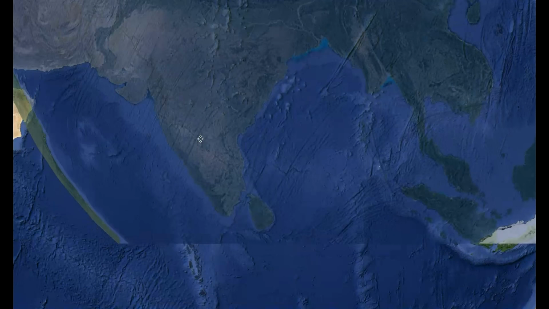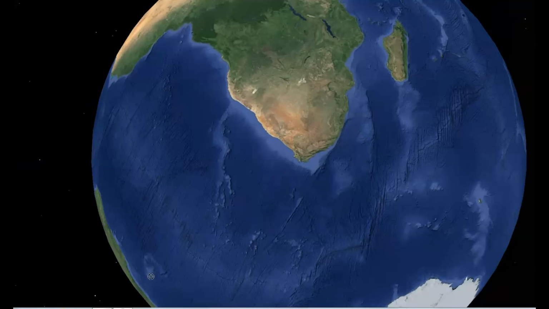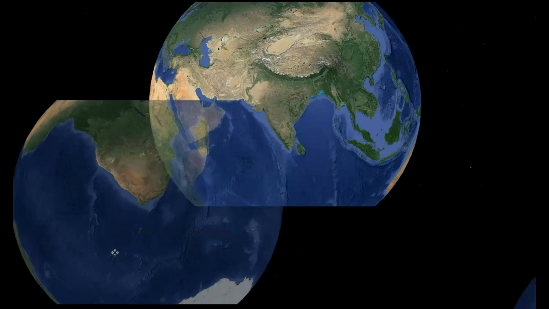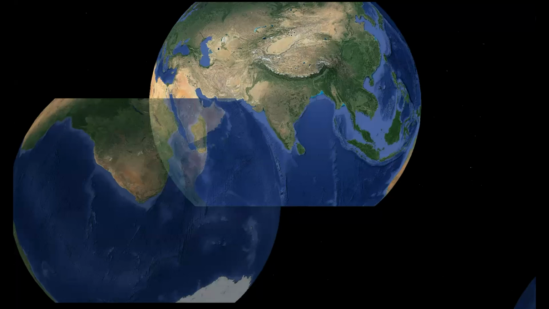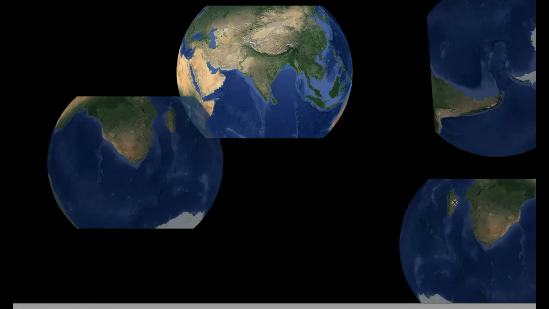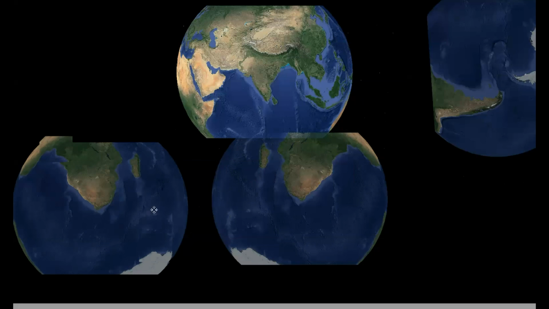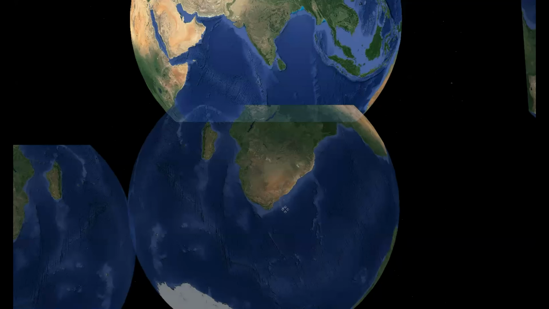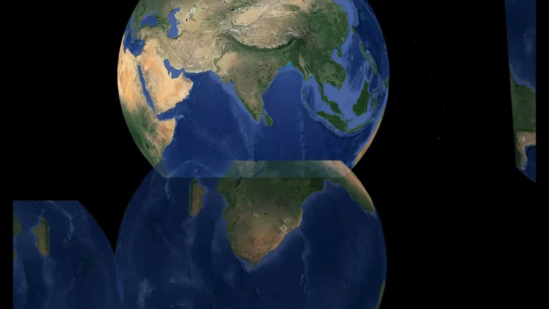Okay, but here's where it gets trippy. Because this is a vortex, if you imagine a vertical vortex in here rotating around, well, let's take a look at what happens when we rotate this Africa. Here's the opposite version of that. And like I said, this is the result of a vortex.